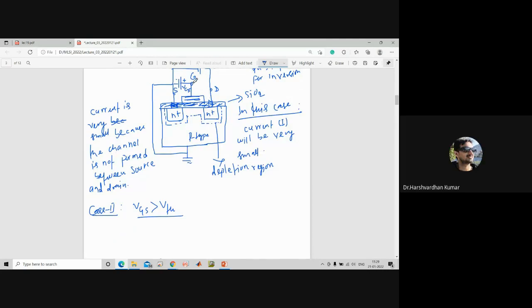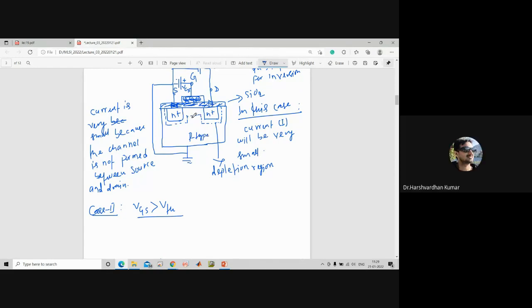Because of the positive voltage at the gate, there will be some negative charges here, right? So it will attract a little bit of minority carriers from the p side, because in the p-type semiconductor, what will be the minority carriers? Electrons. Electrons, right?